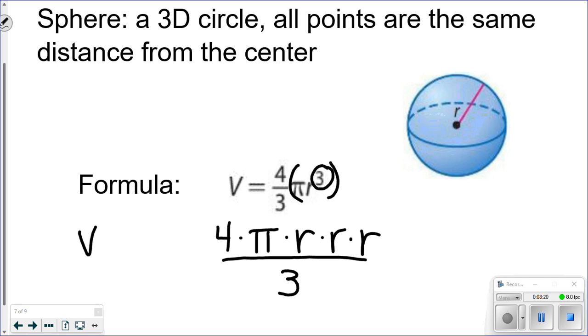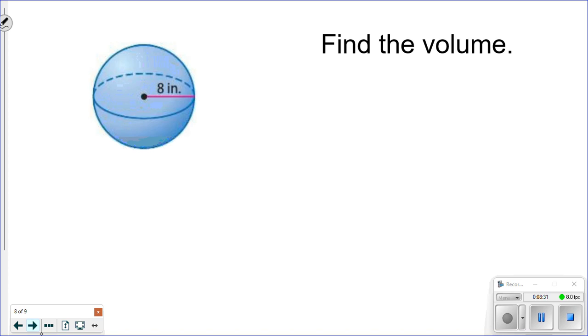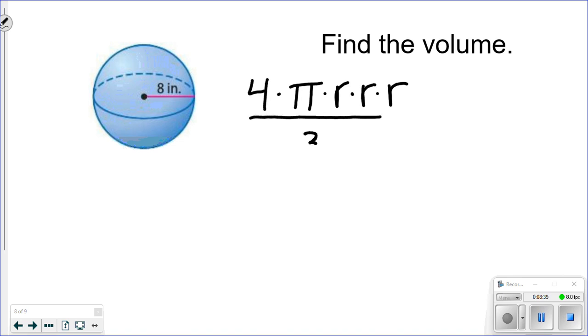So this is volume of a sphere. So make sure you get that written in your notebook. All right, so first thing I'm going to do, even though I just did this, pi times radius times radius times radius times 4, I've got to remember that in front, all divided by 3. I'm going to start inserting what I need to know.